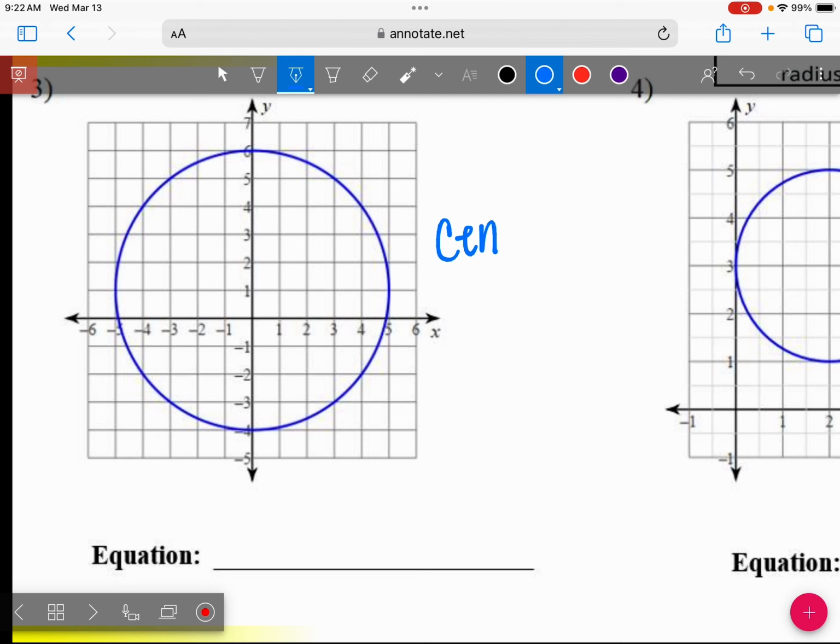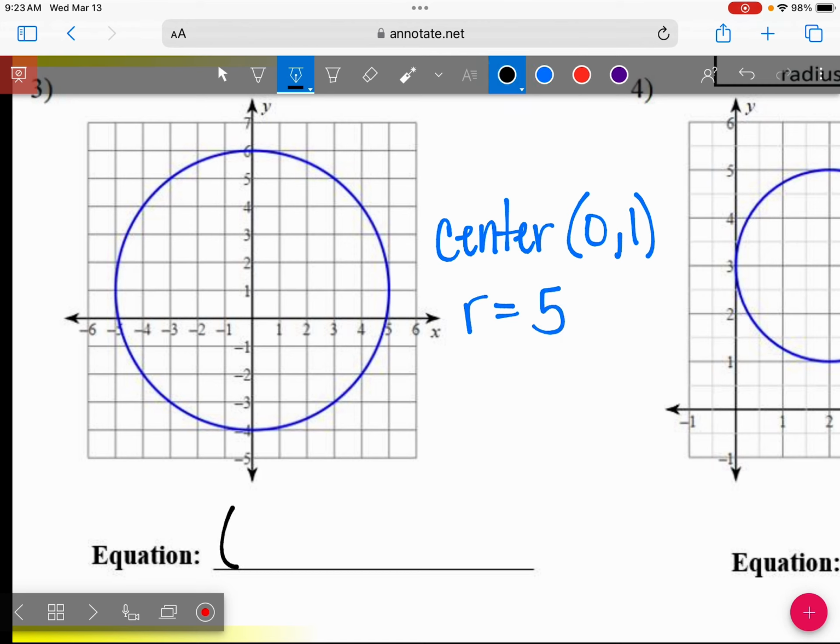Steven, what did you put for the center for number 3? 0, 1. Who agrees with that? Who got 0, 1? Joanna, what did you say for the radius? 5. Who had that same radius?